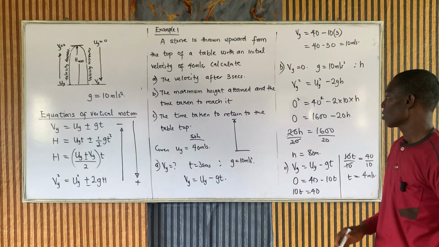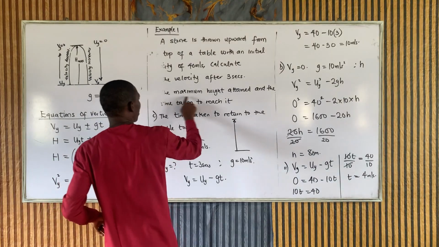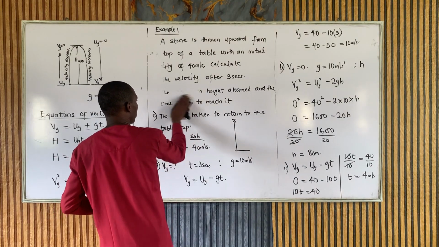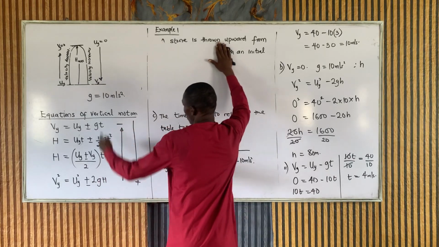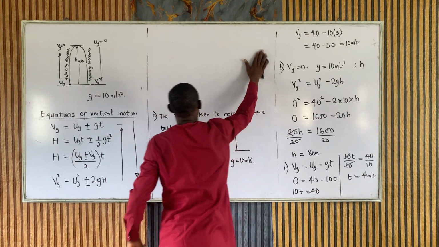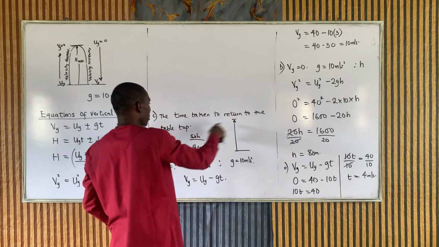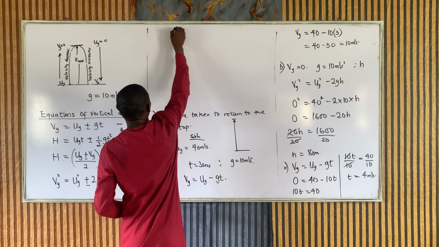And lastly, we are asked to solve the C, time taken to return to the tabletop. I don't want to clean this part because it contains our formulas. Well, I want to say this now. There are two methods. I will just take the first method first.